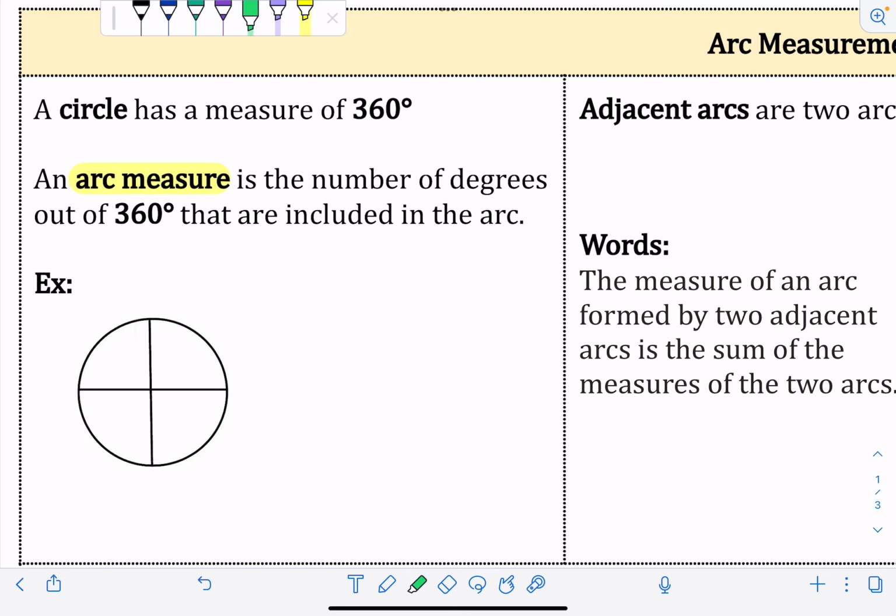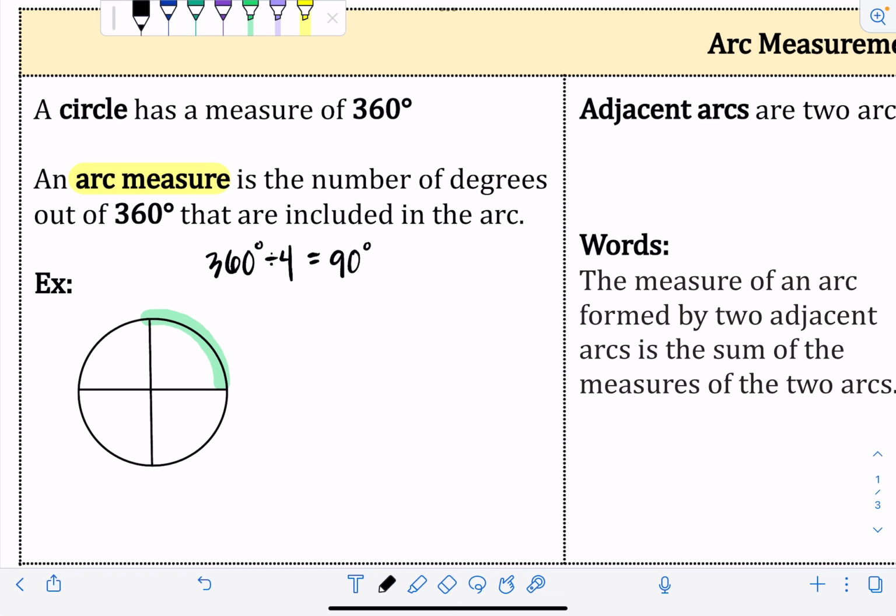But if I wanted to find just the arc measure of my personal piece, I'm taking that 360 degrees and I have to divide it by 4, because there are 4 slices of the same size. So that would end up being 90 degrees. And if you notice, it's also the same angle that we have inside there. So they do end up matching up. We'll talk about that more later on.